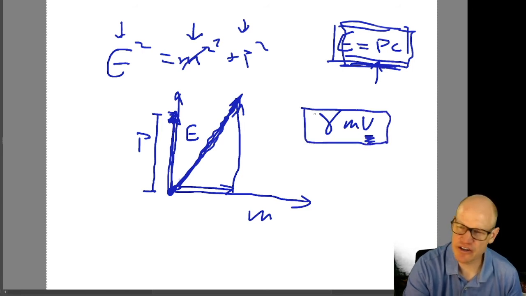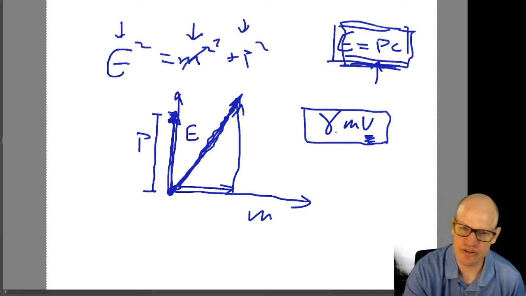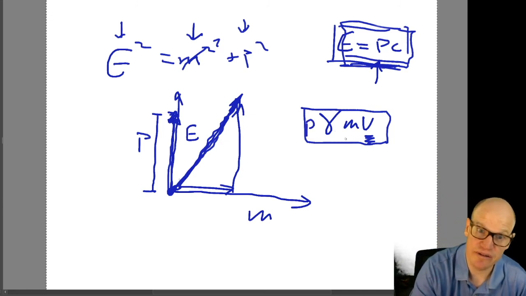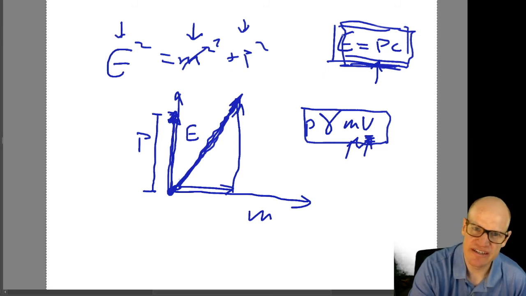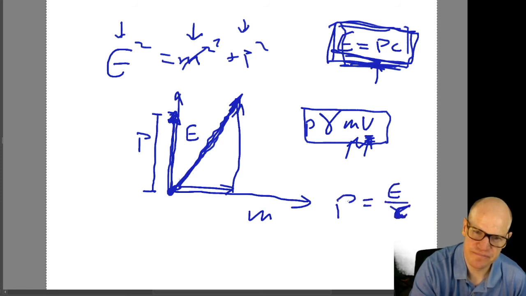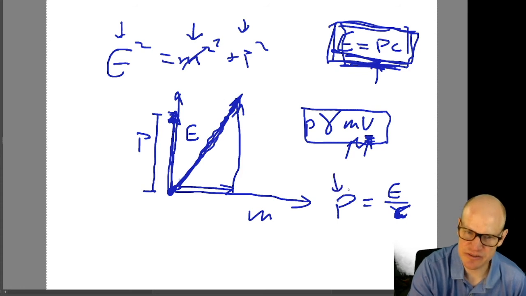And so you have to have an alternative formulation for the momentum of an object where the mass is equal to 0 and the velocity is equal to the speed of light. And this is how you get that. So the momentum of a photon is equal to the energy of the photon divided by the speed of light. So any object that's moving at the speed of light, its momentum is given by E over c.